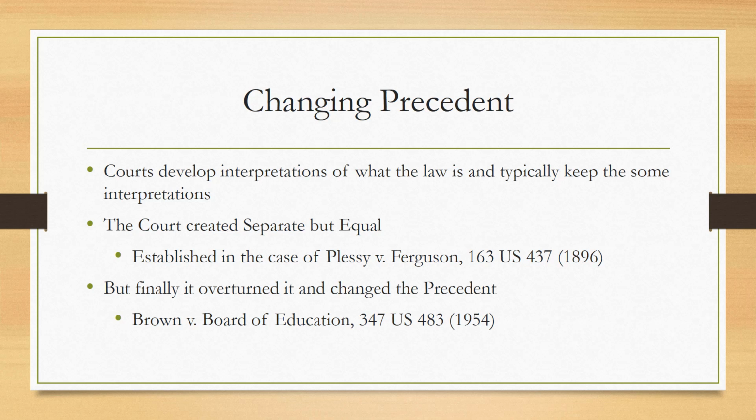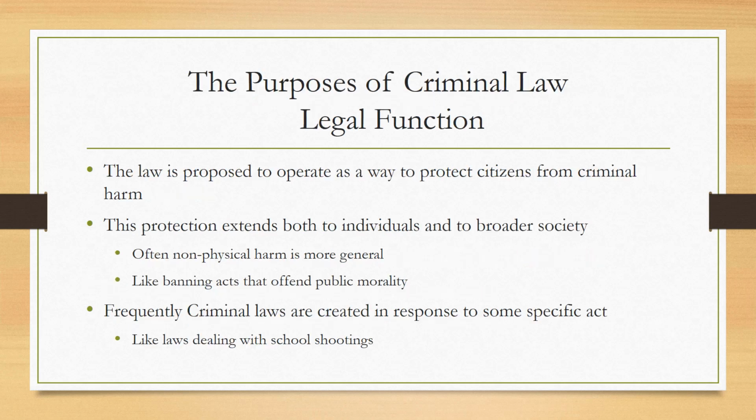Therefore, we are abolishing the precedent that you can have separate but equal facilities. The application of the law violates the Constitution. You've got to integrate all public accommodations, schools, hotels, restaurants, whole nine yards. Everything has got to be integrated. The precedent was overturned, and we establish a new precedent, no segregation.